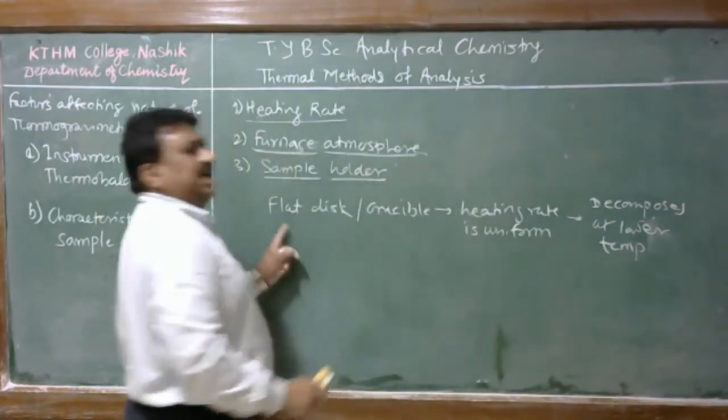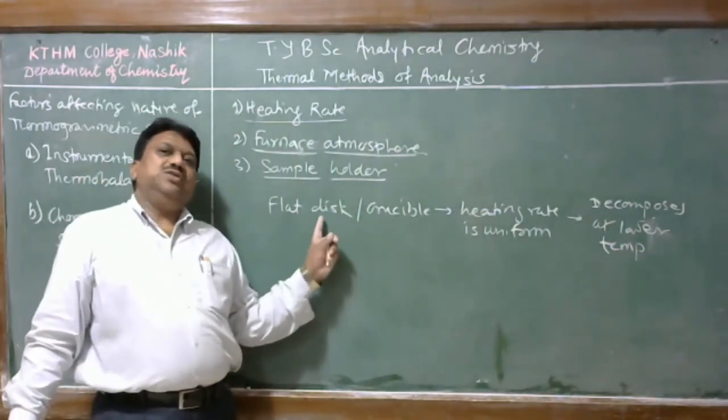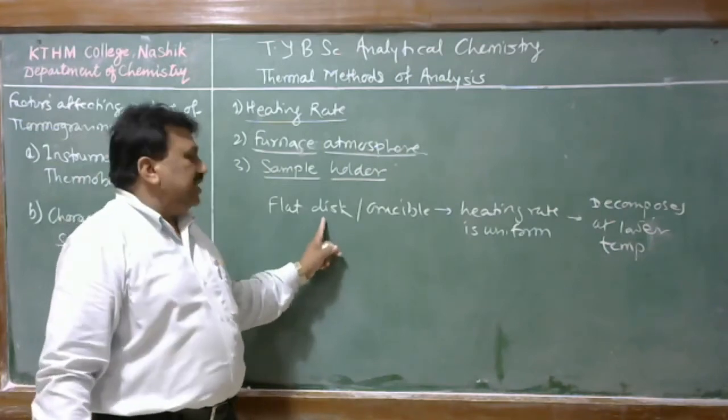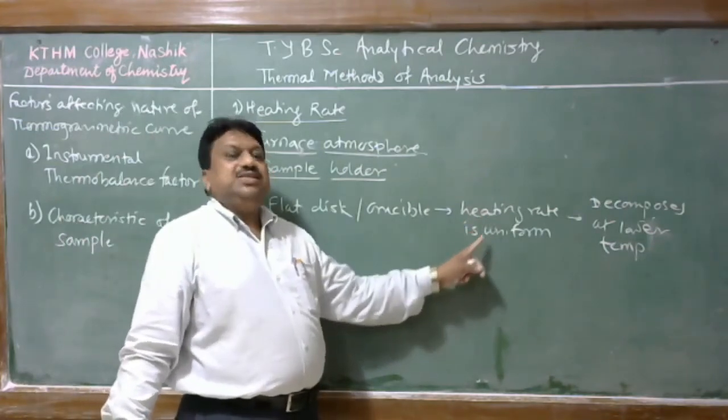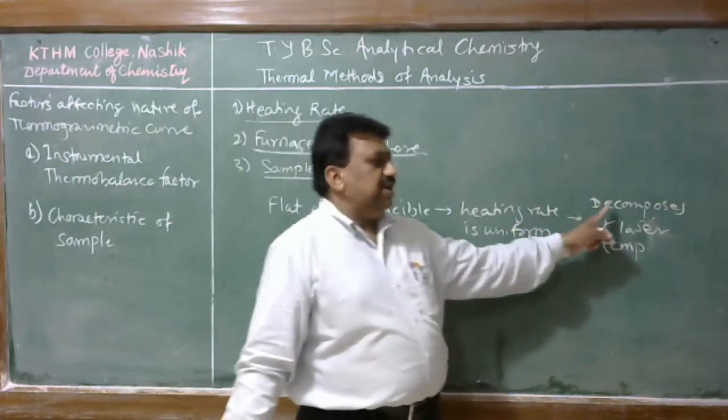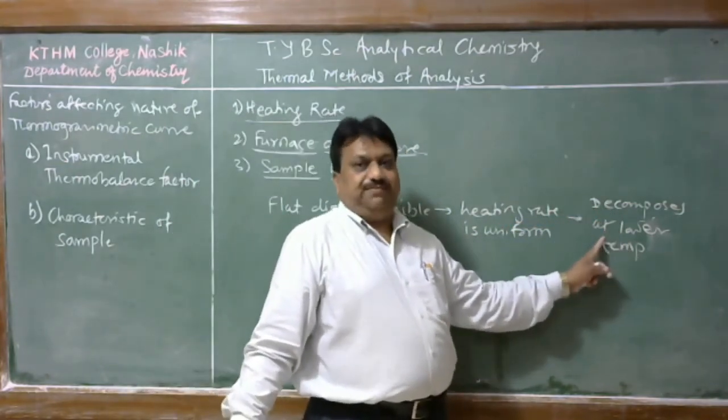That means a flat disc gives more surface area to the substance, or it may be a crucible. At that time heating is uniform and the substance will decompose at a lower temperature.